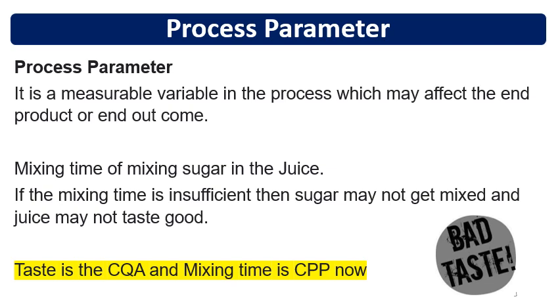If the mixing time is insufficient, then sugar may not get mixed and the juice may not taste good. So taste is the CQA of the product, that is juice, a critical quality attribute, and mixing time is the CPP. So now you might have understood that if you vary the critical process parameter, it will impact the final outcome or the quality attribute of the product.